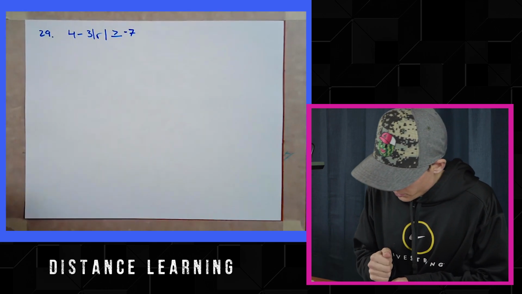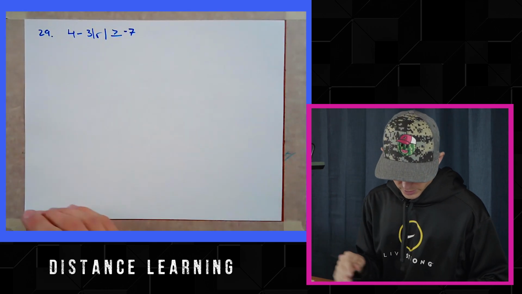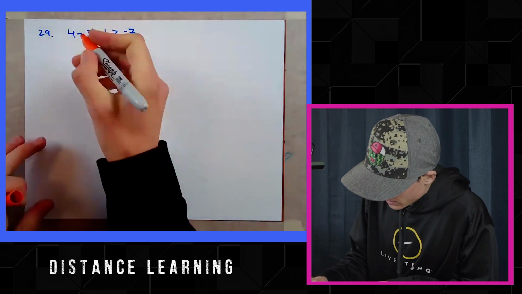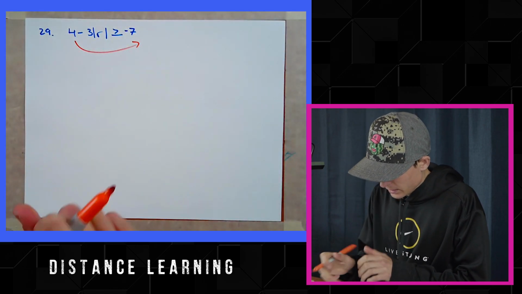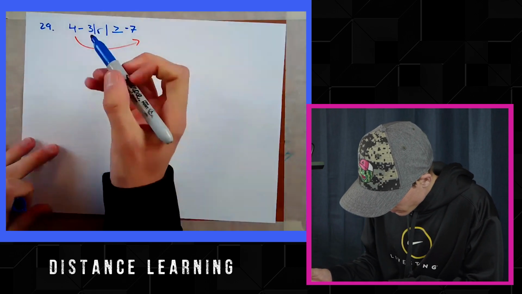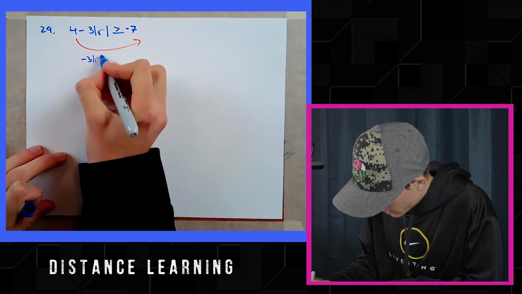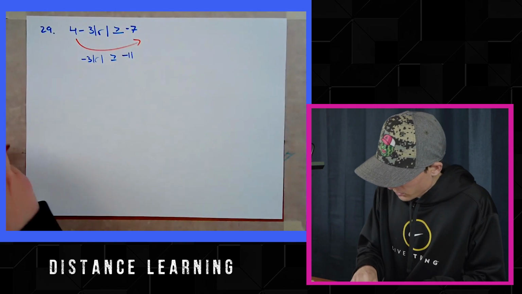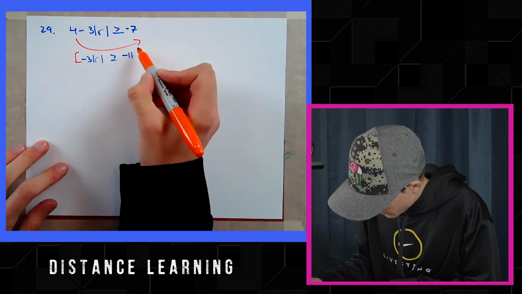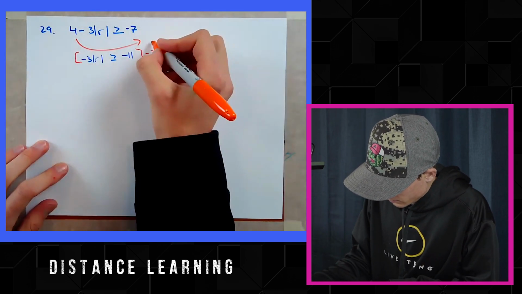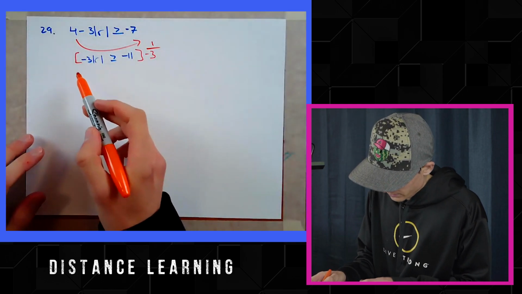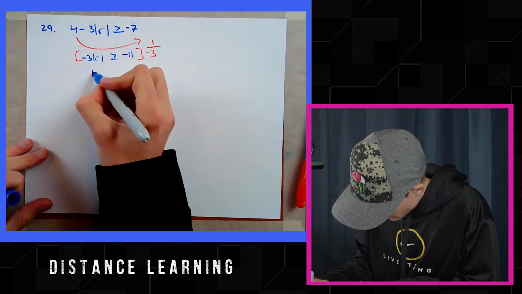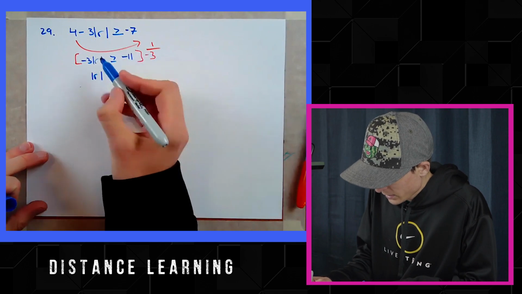Before you start setting up your two sides of the inequality, you need to make sure the absolute value is by itself first. So first I needed to subtract 4. So I'll have minus 3 times the absolute value of r greater than or equal to, subtract 4, minus 11. And I have to multiply all of this by minus a third. So I want to get rid of that. Divide by minus 3, multiply by negative third. Remember, if you divide or multiply by a negative, you have to flip the sign.